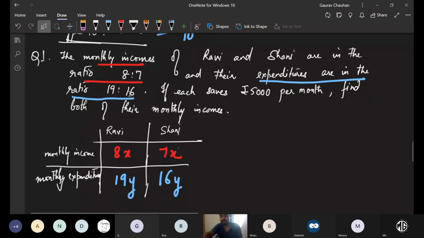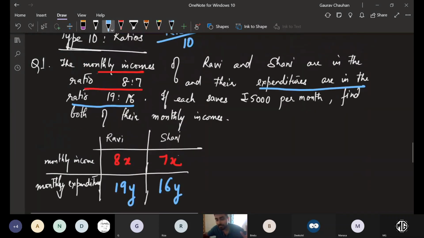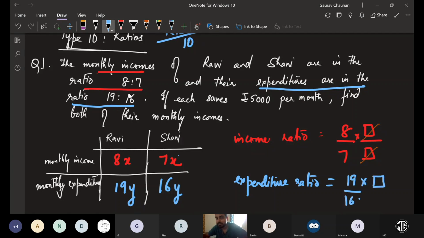Okay guys, I want you to notice what Riza is doing. See guys, income ratio, I will write in red. Income ratio is what? It is 8 by 7. So it's basically 8 into some constant by 7 into some constant, which is getting cancelled. But the expenditure ratio is also some 19 into some constant by 16 into some constant, but these constants are not the same.